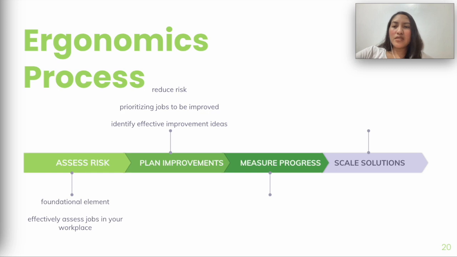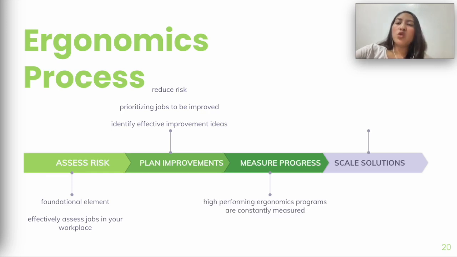So in this step, measurement is an important component of any successful continuous improvement process. So we have the so-called high-performing ergonomics programs, which you need to constantly measure using both leading and lagging indicators.